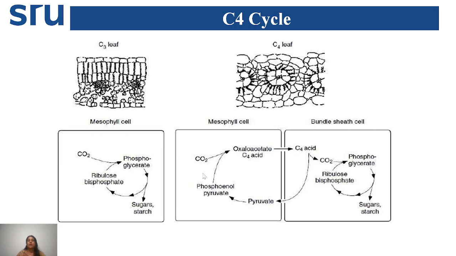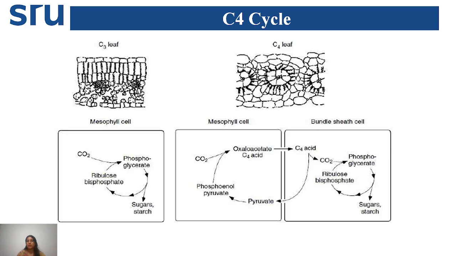Why? Because here the first cells near the atmosphere are mesophyll cells. In these cells there is no Rubisco. In these cells, the PEP carboxylase enzyme is present. That's why this PEP carboxylase only accepts carbon dioxide. It won't accept oxygen. There is no direct contact of Rubisco with the atmosphere. PEP accepts the carbon dioxide, and this is converted to malate, and malate goes to the bundle sheath cells.